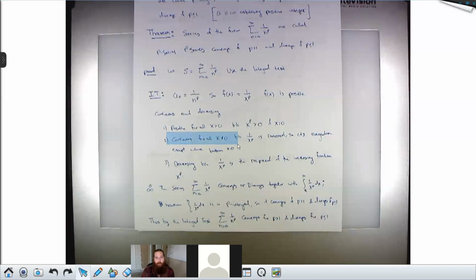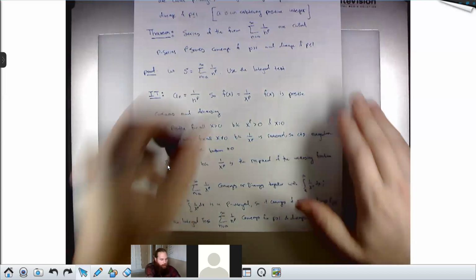It's continuous everywhere except at 0 because it's a rational function, and rational functions are continuous everywhere except where the bottom is equal to 0. And it's decreasing because it's the reciprocal of an increasing function.